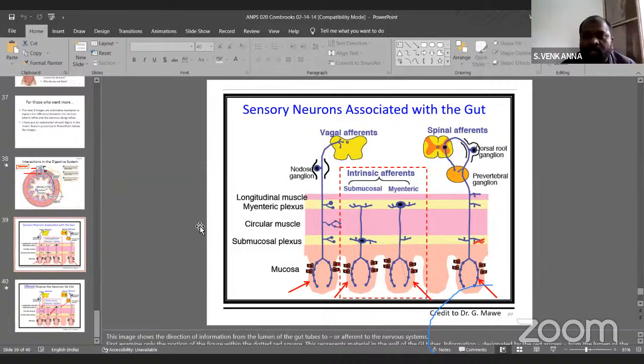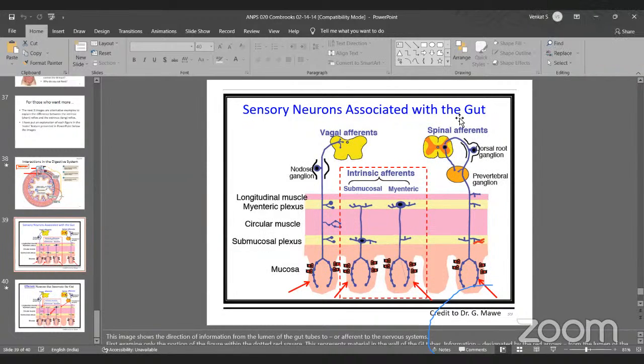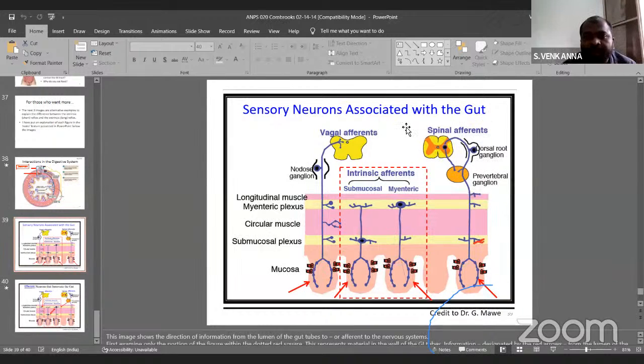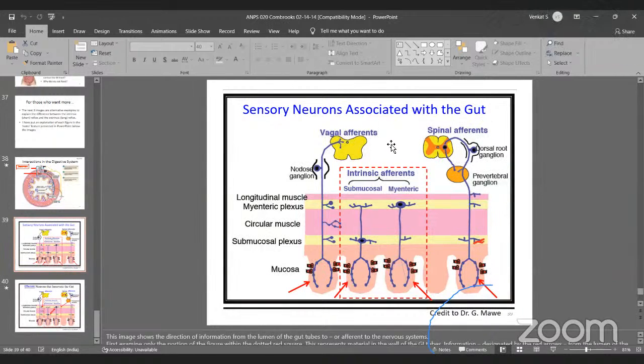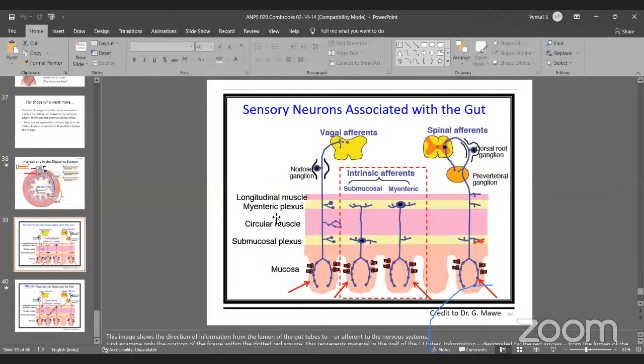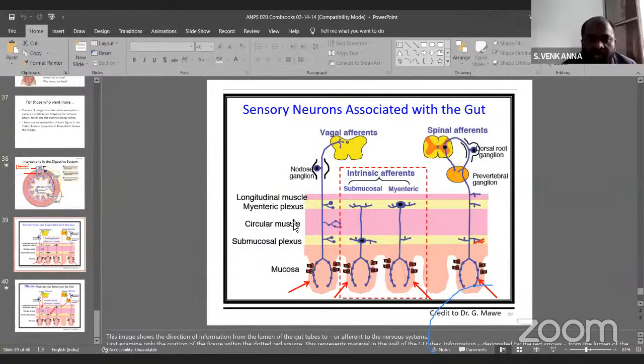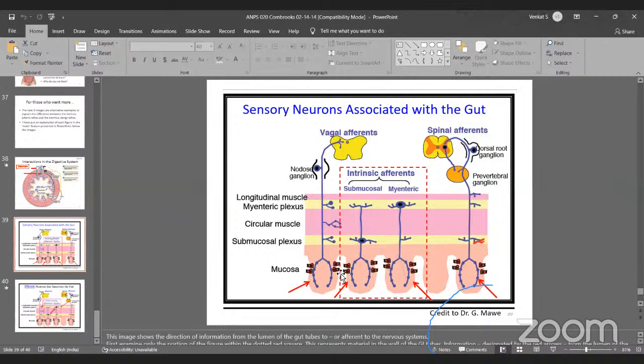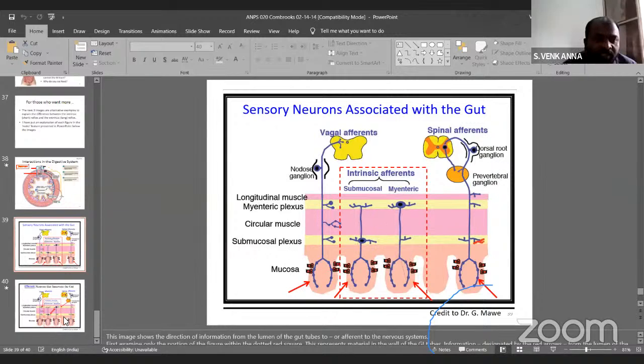Sensory nerves associated with the gut. Gut means where is the location? The lumen, vagal apparatus, spinal apparatus. So this is the communication, the nerves in turn: longitudinal muscles and circular muscles, submucous plexus and mucosa. So this is the complete nerve function.